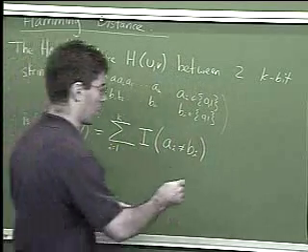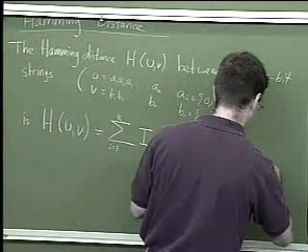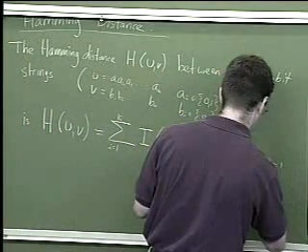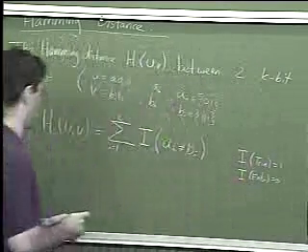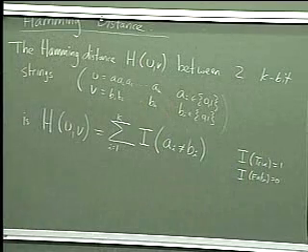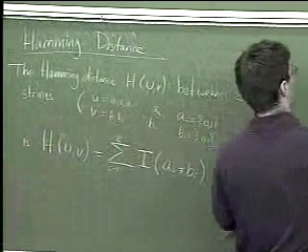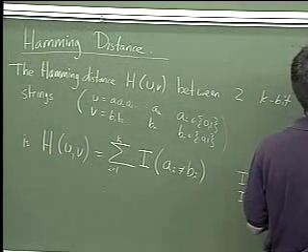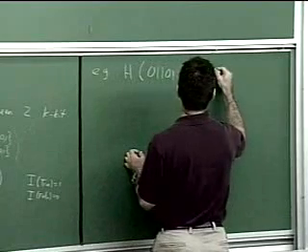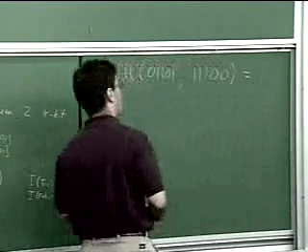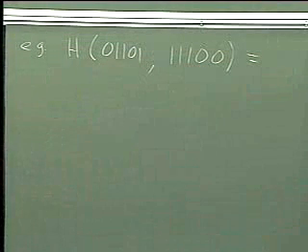Okay, what I mean by this is the indicator of true is 1, and of false is 0. Okay, so for instance, the Hamming distance between 01101 and 11100 is what? 2. Yeah.